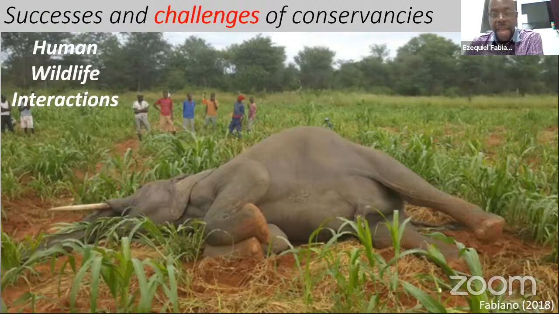There has been an increase in human-wildlife interactions because, for example, in the late 1990s, the human population and density in some of these conservancies were fairly low relative to present day. So with an increase in wildlife, this creates the ideal conditions to increase wildlife interactions.